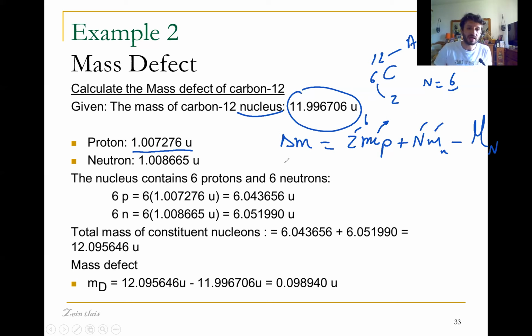We have Mn equals 1.208665 U, minus Mn equals 12.996 atomic mass unit. We can substitute all the values here. We get finally the mass defect equals 0.098940 atomic mass unit. Okay?